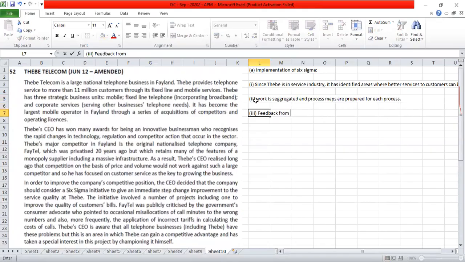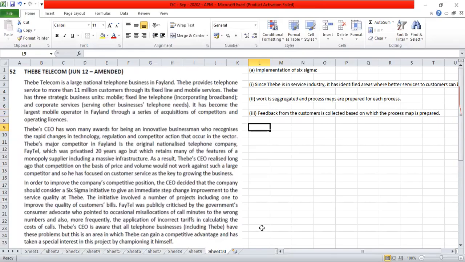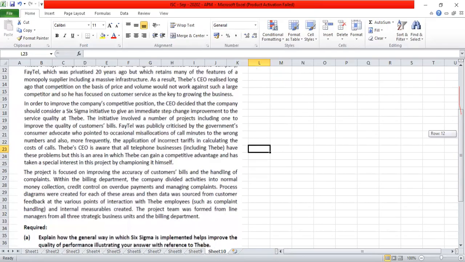Feedback from the customers is collected, based on which they have taken the initiative based on the generic strategy of differentiation.